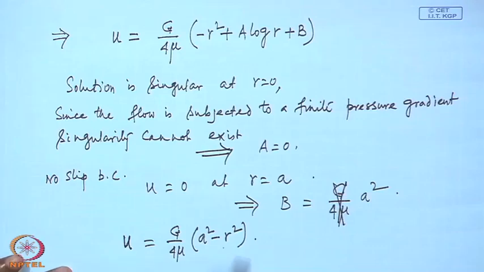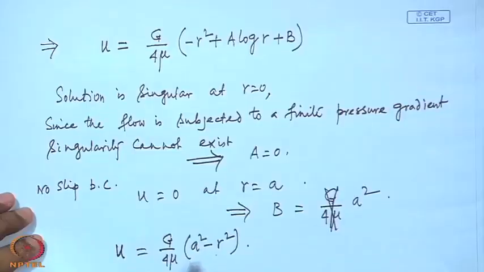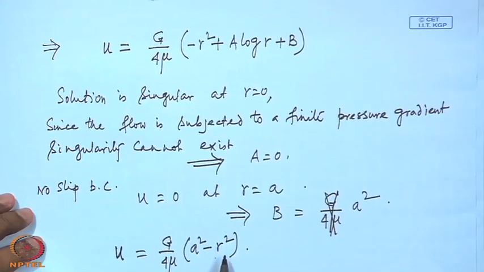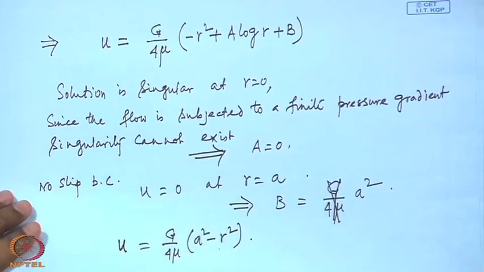So, the flow velocity at a cross section is distributed as a paraboloid of revolution, or if you just consider one particular value of theta, as a parabola. It has a maximum at the axis r equal to 0 and it becomes 0 at the wall.